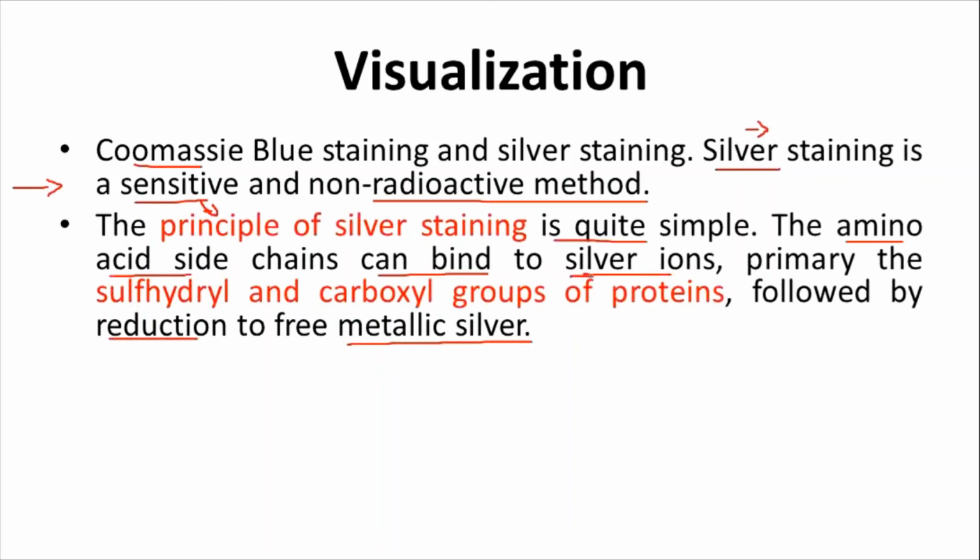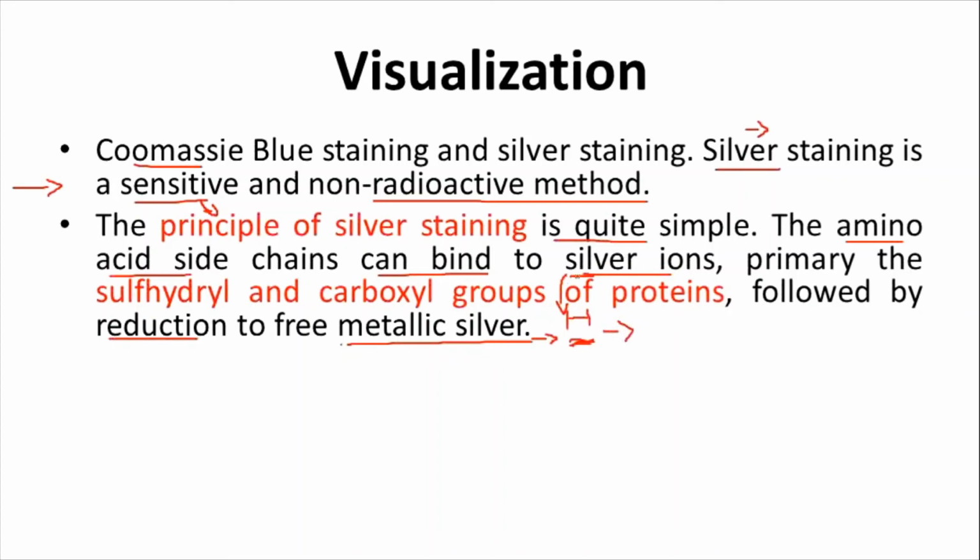The silver ions look dark black in color; when reduced, they produce a light ash color. The same principle is employed in the autoradiogram.